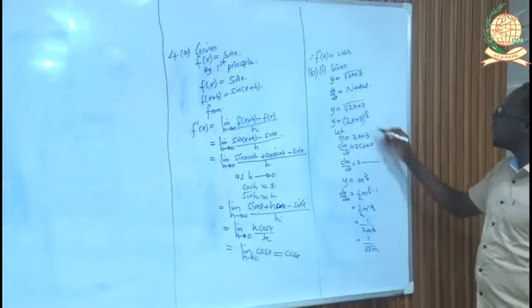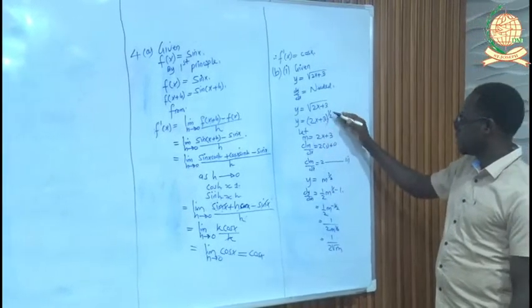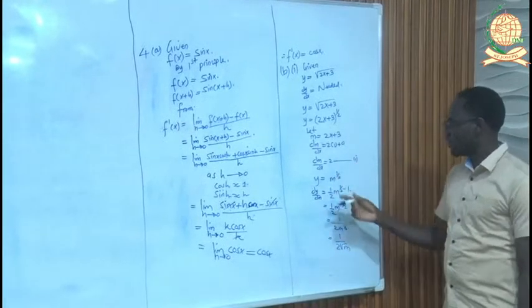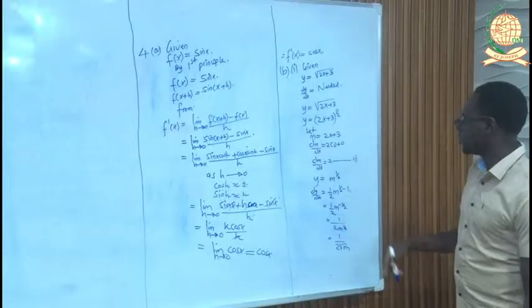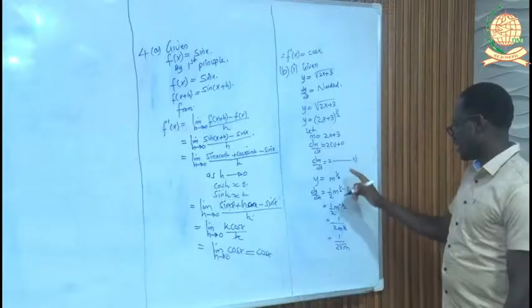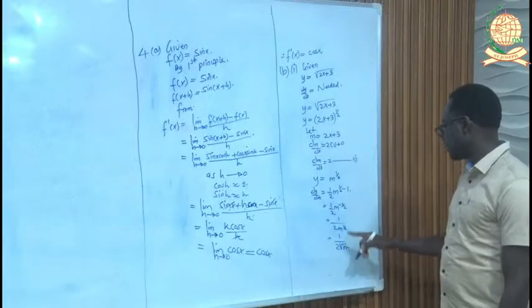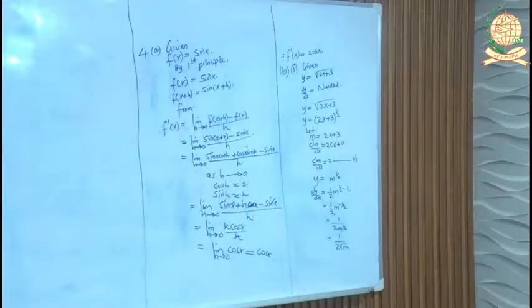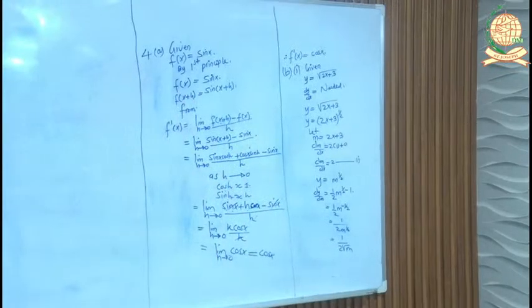Again, y will be equal to m power half. From this one here, differentiate y with respect to m. That is dy dm will be equal to a half, 1 over 2 radical m. But m is equal to 2x plus 3, so dy dm will be equal to that one.